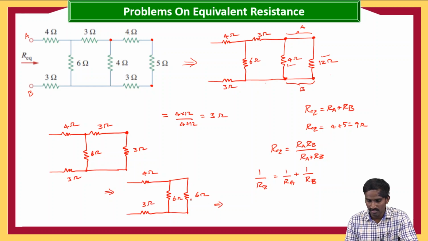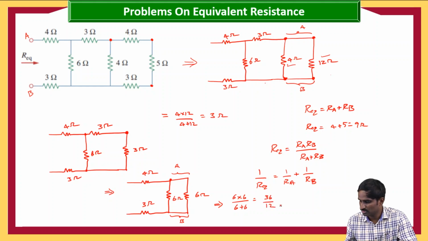Then again here these two are in parallel, because these two have one common node, and here another common node, A and B. So then here it is 6 into 6 by 6 plus 6. So 36 by 12. So here it is 6 into 6 divided by 12, which is 3.